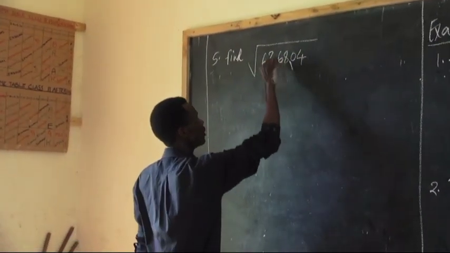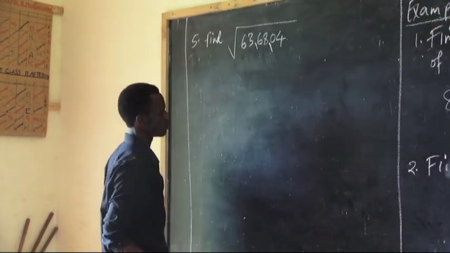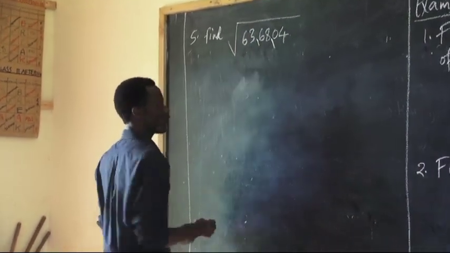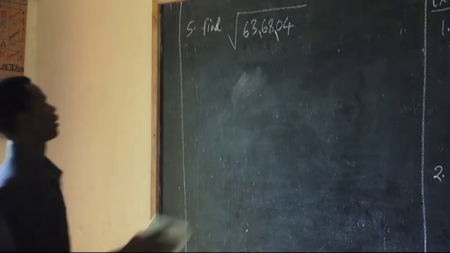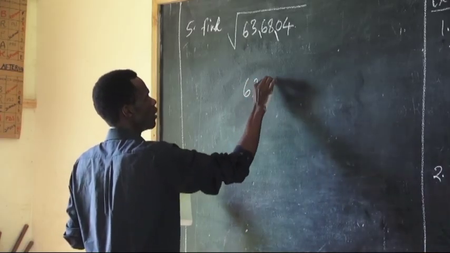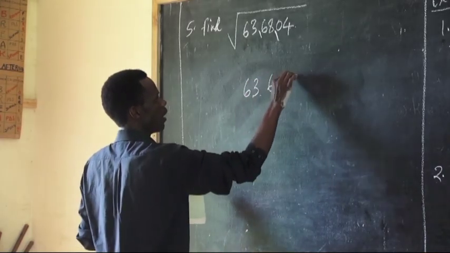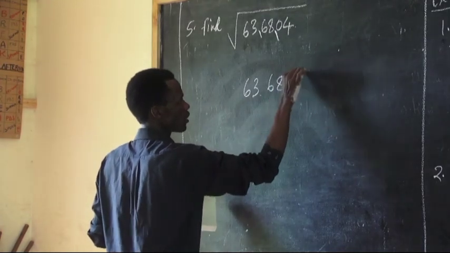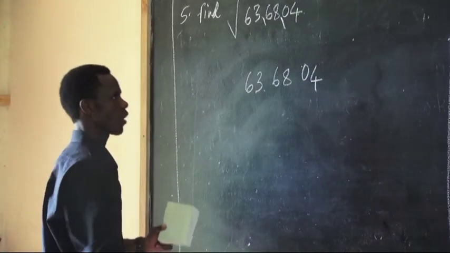Now, 1, 2, 1, 2, then 1, 2. So we have 3 groups. The first group here is 63, then 68, and then we just have 04. This is the number that we have got.